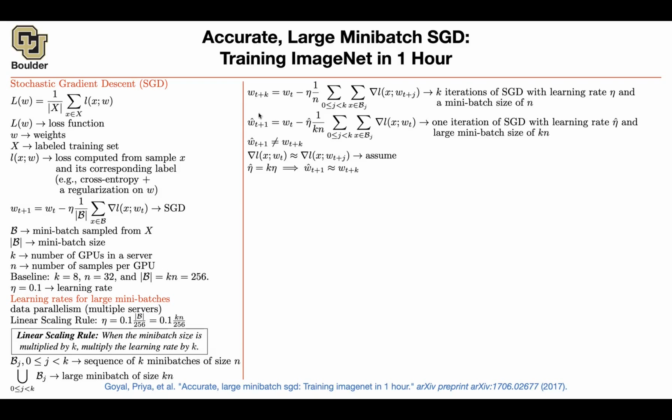In that case, you can say that these are approximately close to each other. And this is why, as soon as you double your mini batch size, you need to double your learning rate. If you triple your mini batch size, you multiply your learning rate by 3, etc. Okay, and that is where the linear scaling rule comes from. So there is some math behind it.